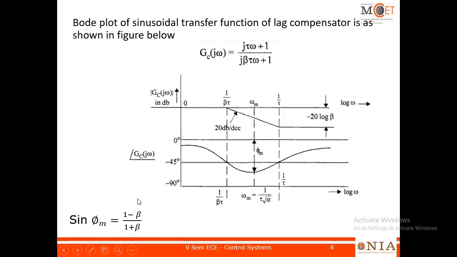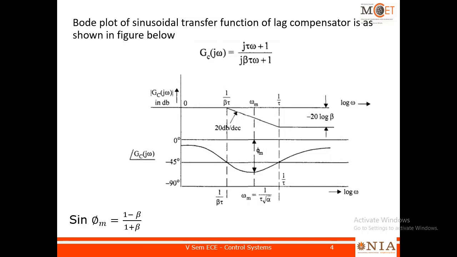Okay, so the same formula you can use if they give you the maximum phase that has to lag in the particular system, then you can use this formula to find the value of beta. Once the value of beta is known, then you can easily locate the 0 and the pole. Okay, so that you get a compensator. So this is about your lag compensator.